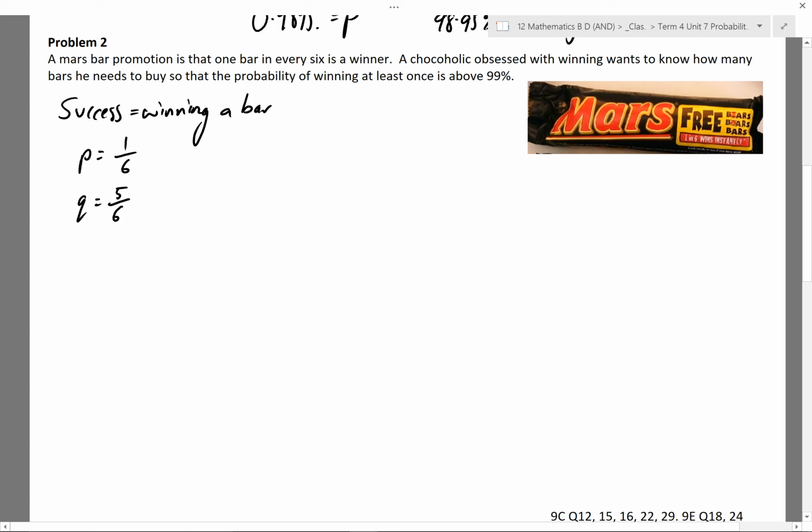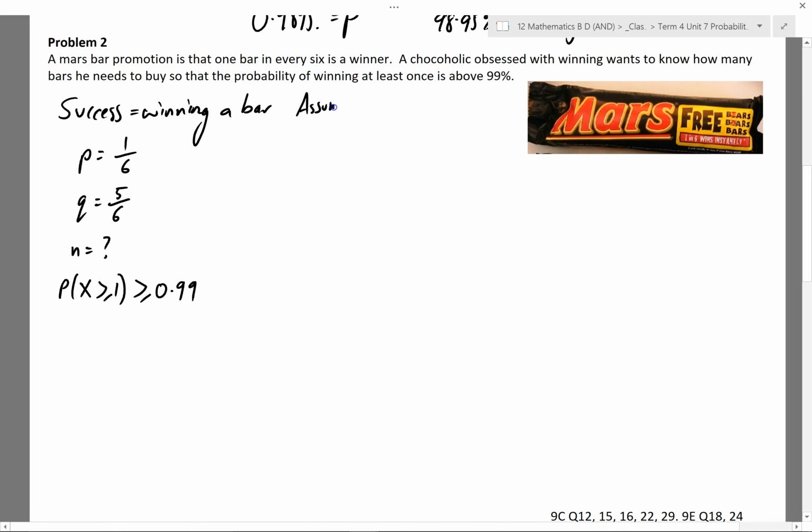How many bars does he need to buy? So the number of bars, I don't know. But he wants his probability of getting at least 1 bar to be greater than or equal to 0.99. So that's all the information I have. Do I know anything about this? Made any assumptions?